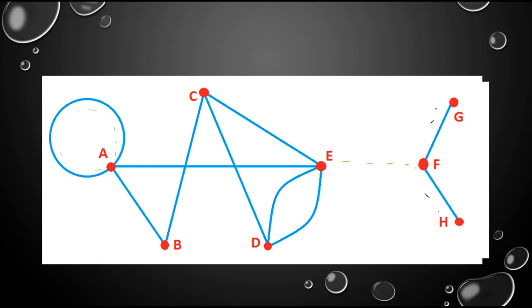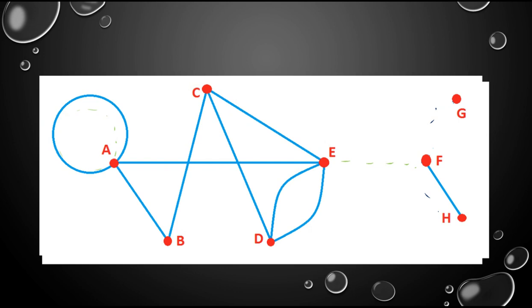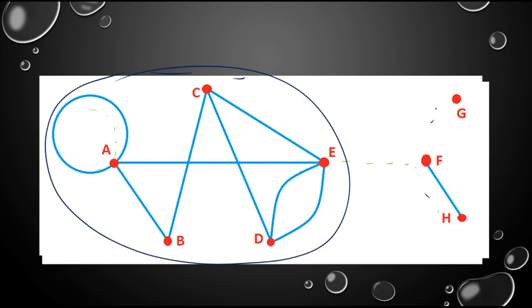Now we have 2 components in a disconnected graph. If we eliminate GF, now we have 3 components. We have this component, 1, we have this component, 2, and we have G all by itself, 3. So we have 3 components in a disconnected graph. Now, there's something special about G. G would be called an isolated vertice.